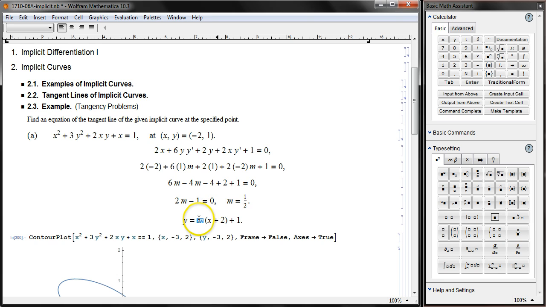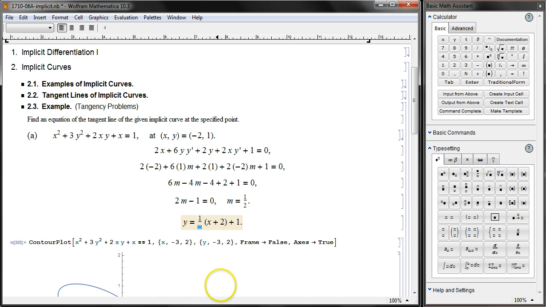So the solution you're looking for is y equals 1/2 times (x plus 2) plus 1 by the slope point equation. Let's go back here. Implicit differentiation. Plug in the numbers. x, y are negative 2 and 1 respectively, and y prime is the slope m.